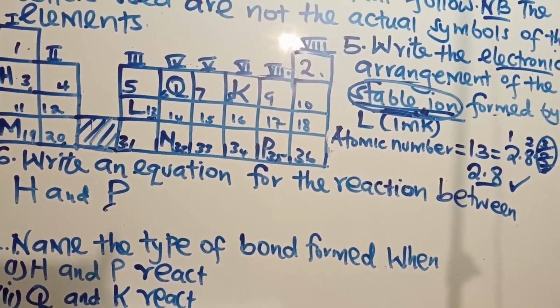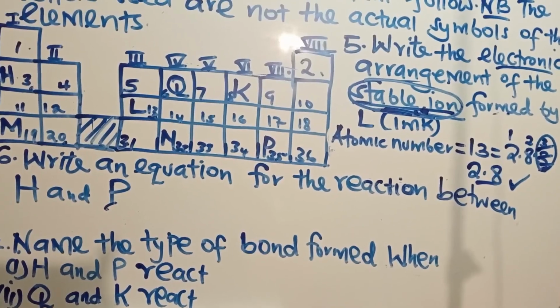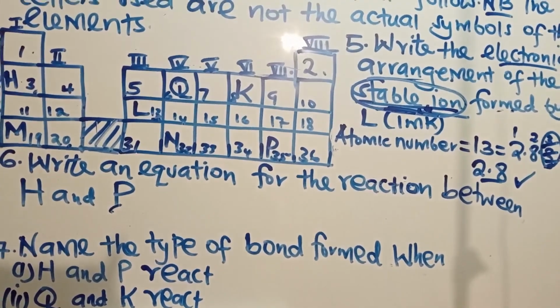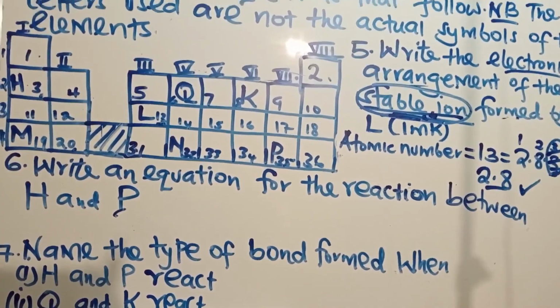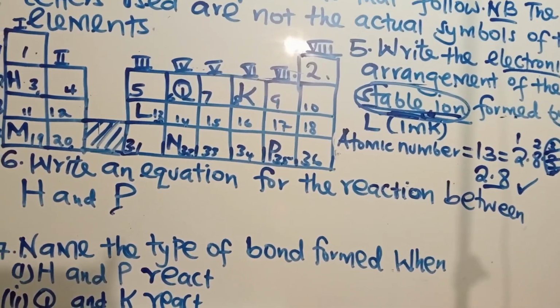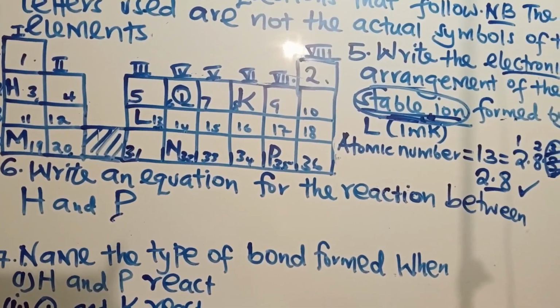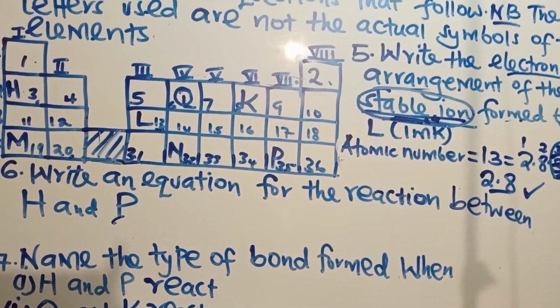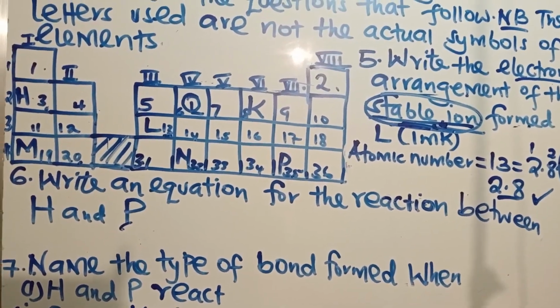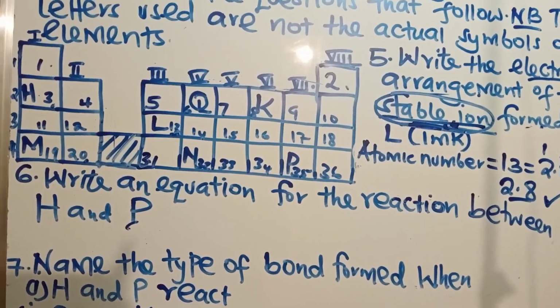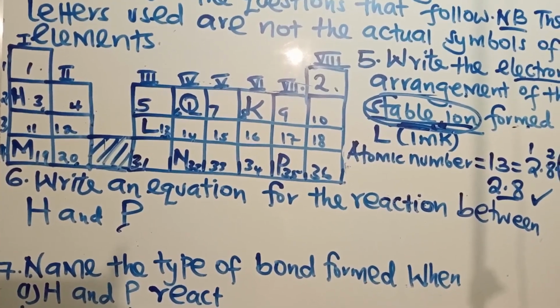A chemical equation meaning that it is the equation that uses chemical symbols and not the one that is using the words, or rather the names of the elements. And anytime you are given such a question to write an equation, remember that the letters that are provided in the periodic table are the ones that are supposed to be used.